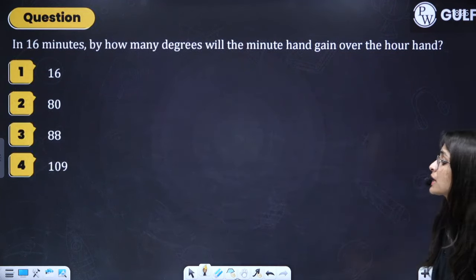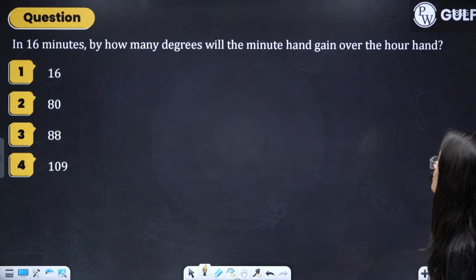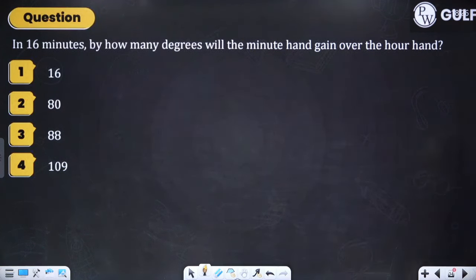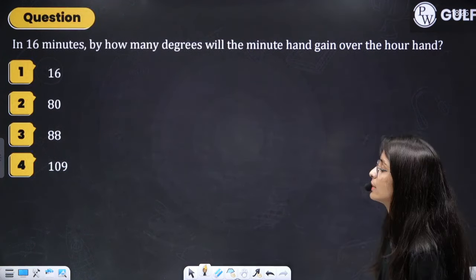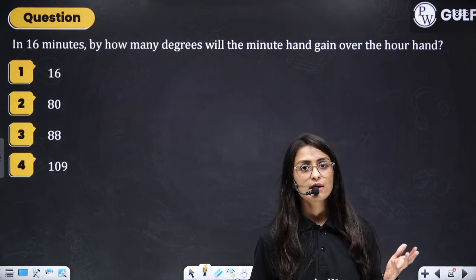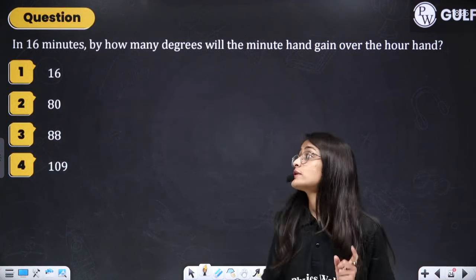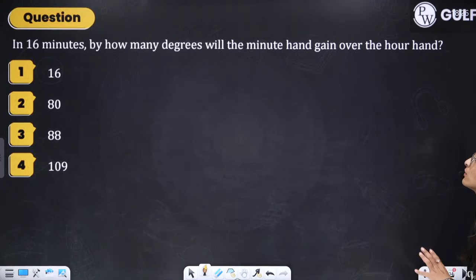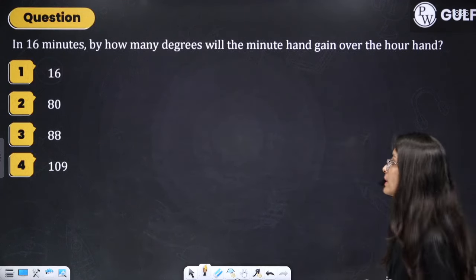Next question. In 16 minutes, how many degrees will the minute hand gain over the hour hand? Okay. See, the minute hand and hour hand are both going together, right? So in 16 minutes, how much will the minute hand gain over the hour hand?